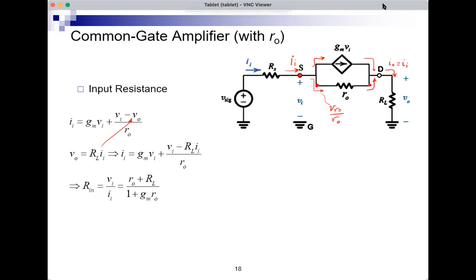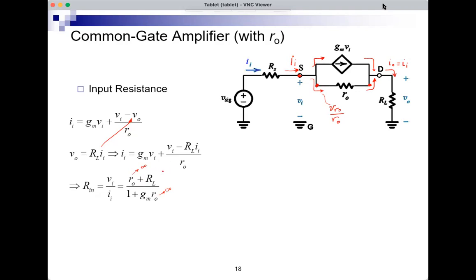The first is, let us see if it reduces to 1 over GM, which we derived on the previous slides, if RO is very large. So let's see, if RO is very large, would this be 1 over GM? If RO is very large, so the limit as this goes to infinity and this goes to infinity would be infinity over infinity.